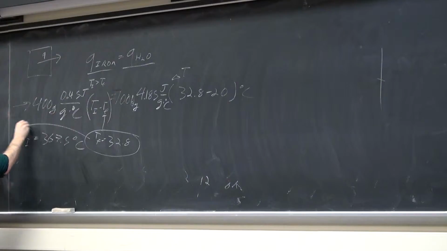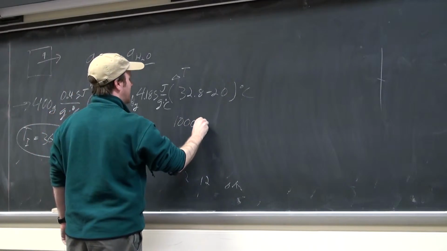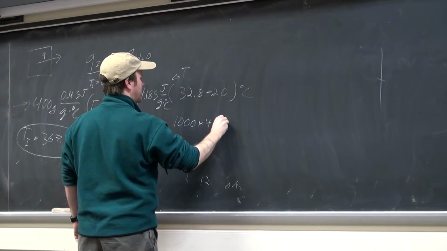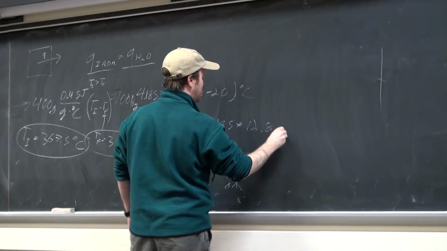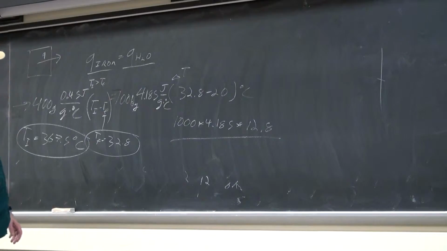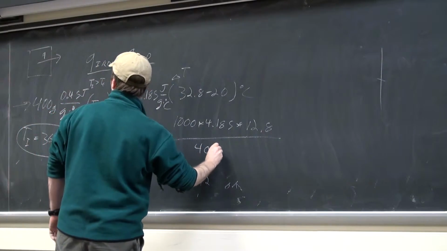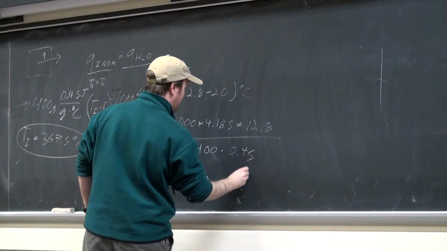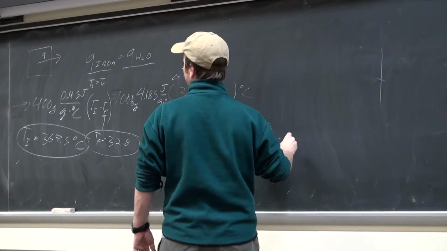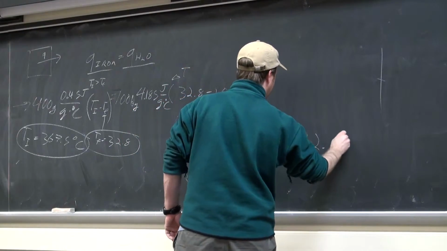Degrees C. So you get that by 1,000 times 4.185 times 12.8 divided by, let's see, 400 times 0.45 minus 32.8.